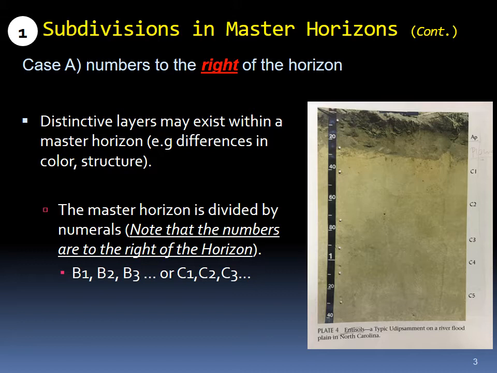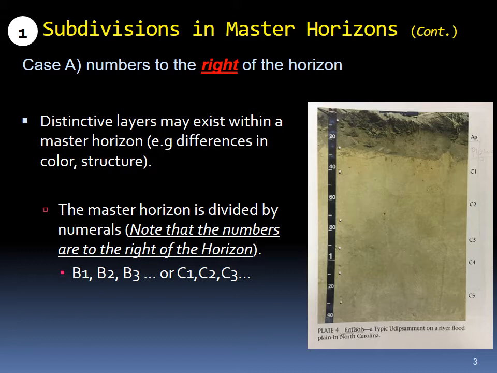Well, basically, in real life you might have a horizon like the C here, but it has distinctive layers. Distinctive layers may exist within a master horizon like this. All of these layers have the property of the C horizon, but they are a little bit different from the other ones because of differences, for example, in color, maybe in structure, or maybe in texture and feel.